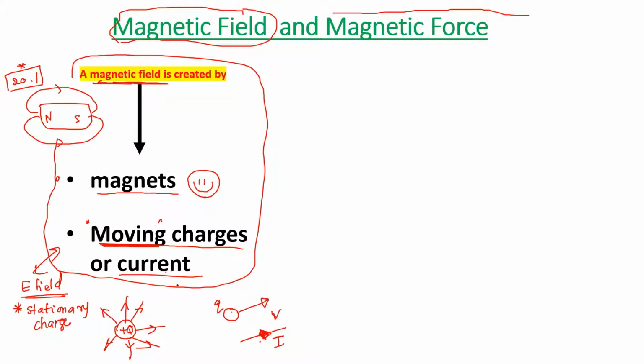And to find the direction, the magnetic field is given by this letter. So in the E field, we use E for electric field, right? For a magnetic field, we use B. We call a magnetic field a B field.